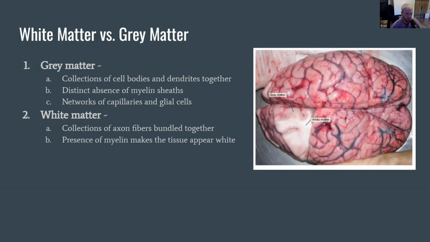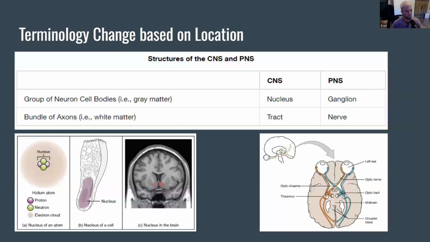And of course, the presence of myelin makes them white. So to summarize: gray matter is the thinking part, the cell bodies and dendrites, so that's signal processing. And white matter is signal sending. Signal is sent through white matter because it's myelinated. Signal processing is done through gray matter.